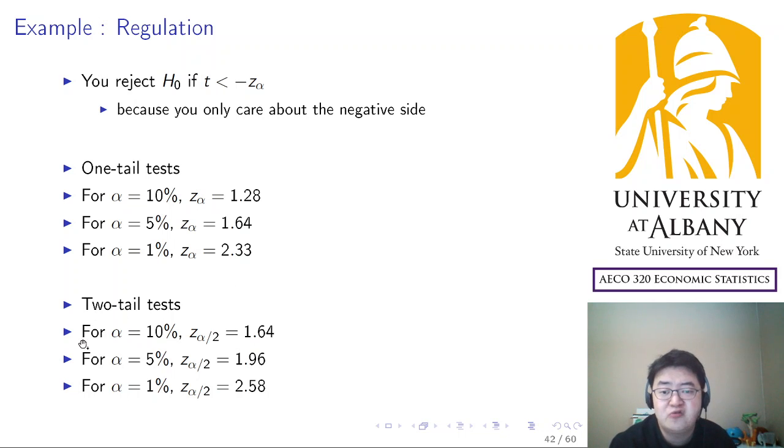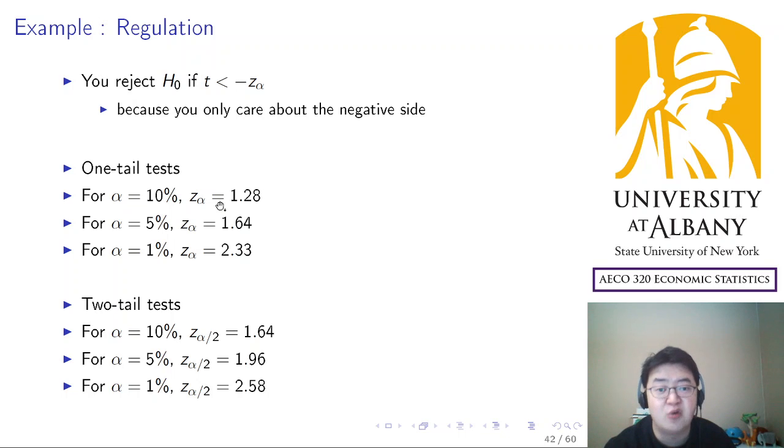And compare two-tail 10% and one-tail 10%. The one-tail 10% threshold is smaller, right? 1.28. So in our example, we are going to reject the null hypothesis if the t statistic is smaller than minus 1.28.